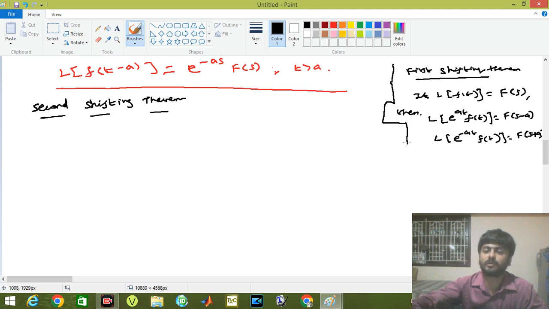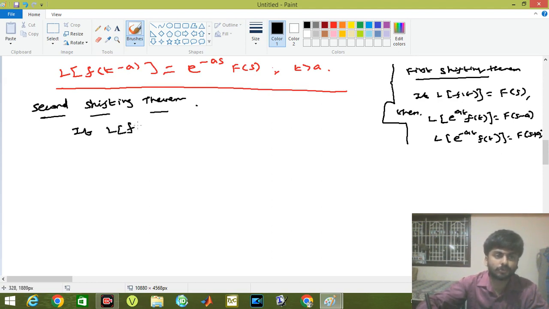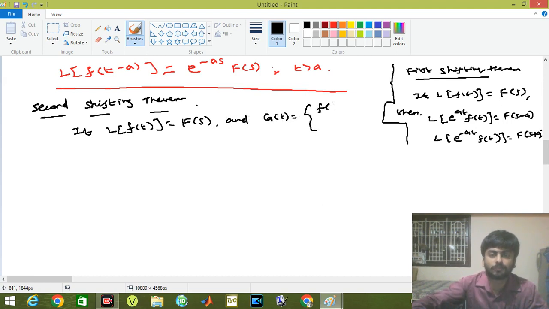It may be asked for you in part A. Now the second shifting theorem says if L of f of t equals f of s, and g of t equals f of t minus a for t greater than a and 0 for t less than a, then we will have L of g of t. What is g of t?